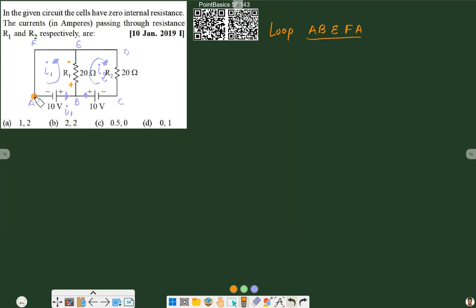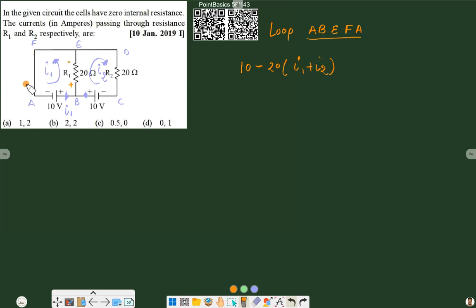So let's start from point A. As we start from point A, first we encounter a battery from negative to positive, so we take it positive. Then from point B going through resistance R1, we encounter positive to negative, so we take negative. The value of R1 is 20, and two currents flow through it, I1 and I2, so I1 plus I2.